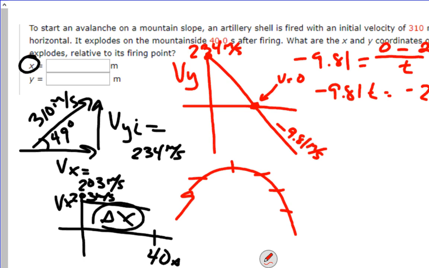Man, that's getting sloppier and sloppier. Hopefully you can read it. So when I do this math, I get roughly almost 24 seconds. So that means the peak of flight is at 24 seconds.